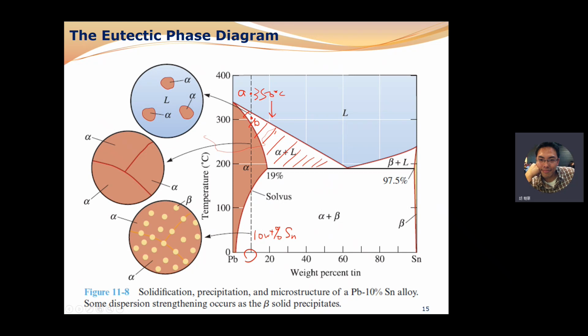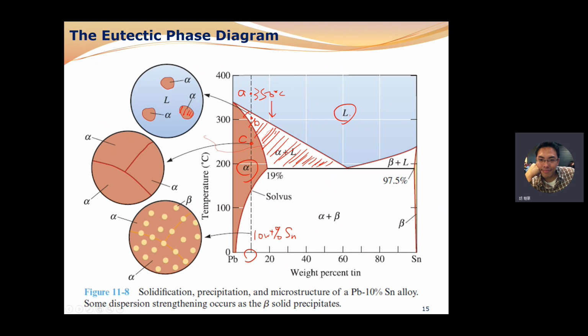This two-phase region is alpha plus liquid: here is the liquid and this is alpha, and between them this area is the two-phase region. Therefore, at point B, the alpha phase begins to form. And when we keep cooling the temperature to maybe point C, which is 250.